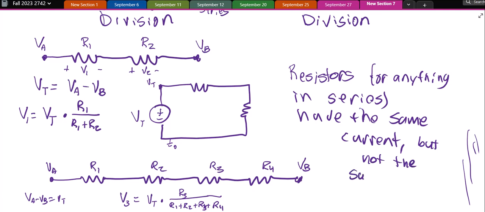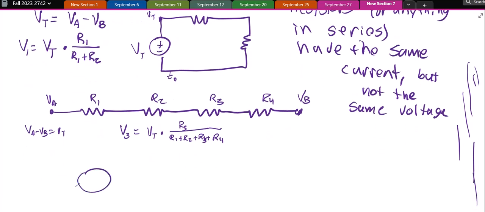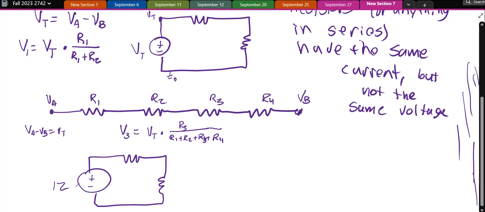They would have the same voltage if they were identical. Let's say I had a 12 volt voltage source, and I had two identical resistors. It actually doesn't matter what they are, but let's say 4 ohms and 4 ohms. I know the voltage drop across each one of them is going to be 6 volts, because it has to be even. So use voltage division when you have resistors in series.